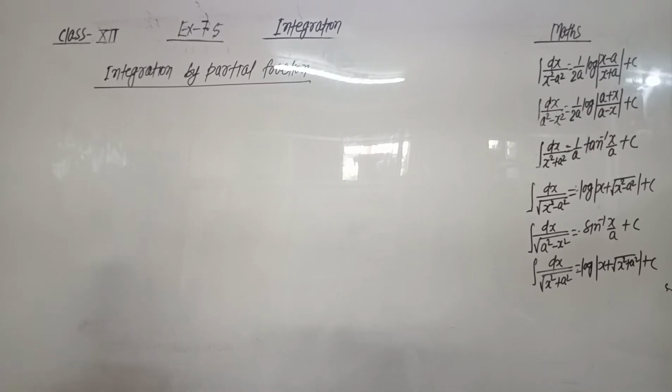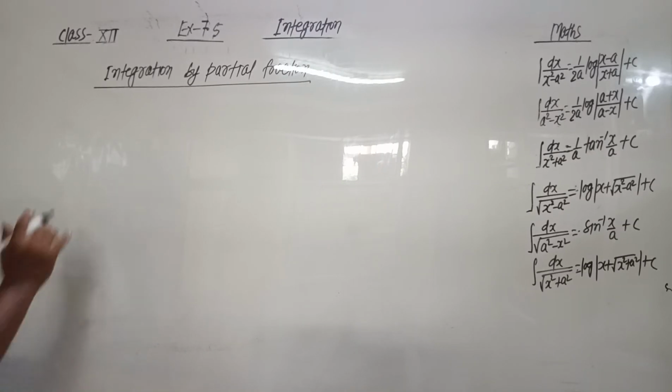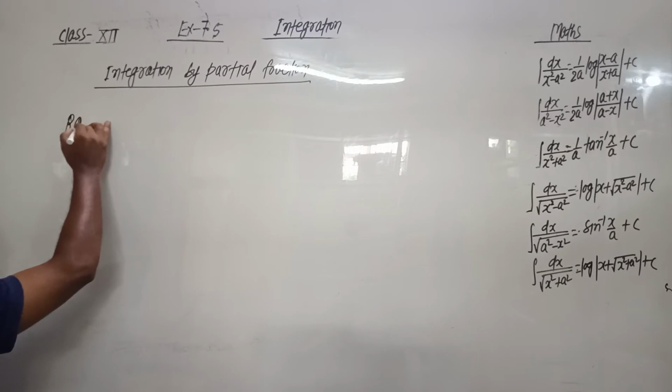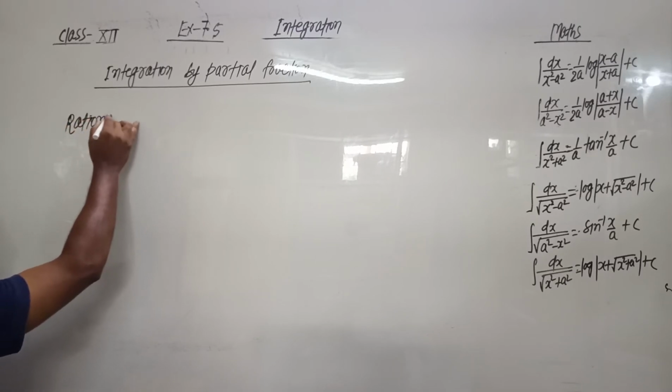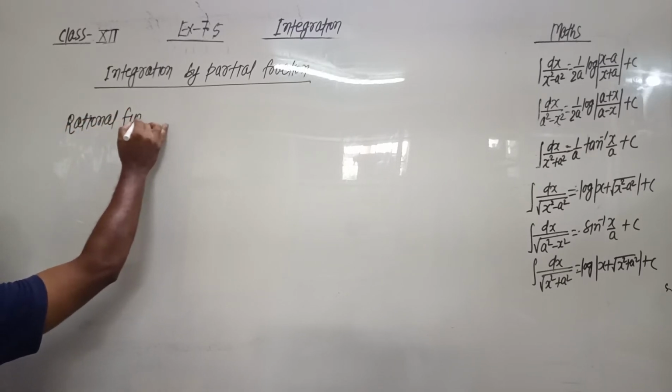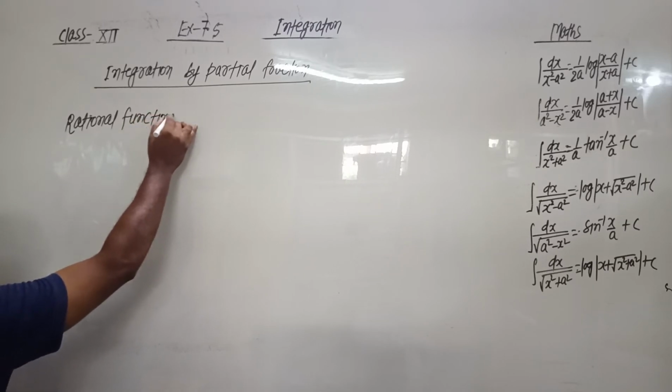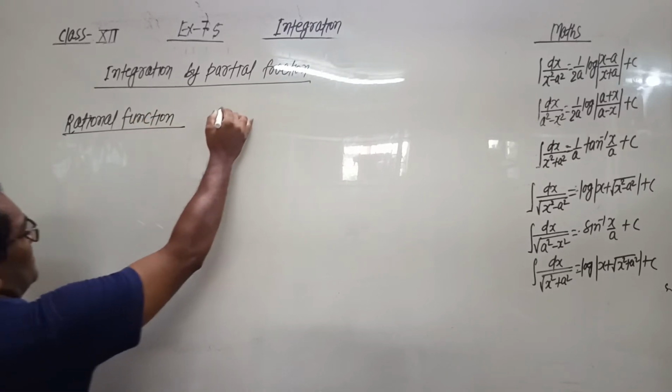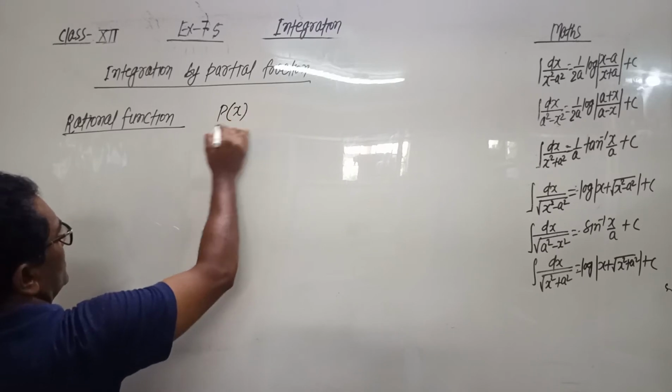We know that a rational function is represented by px upon qx.